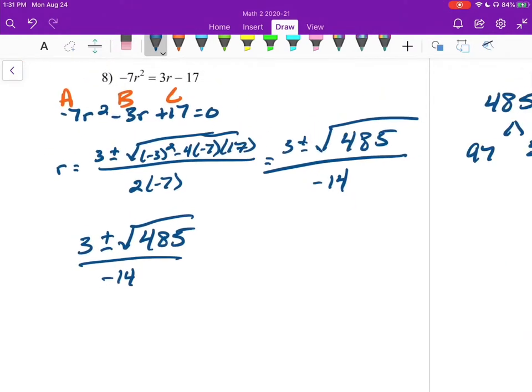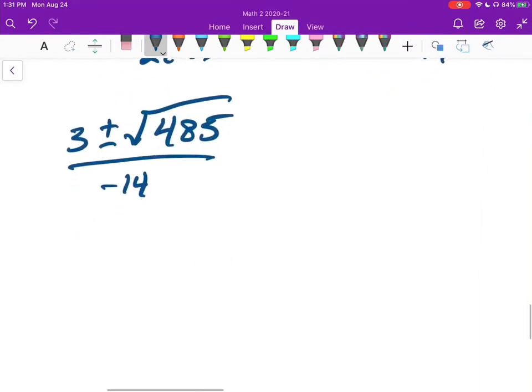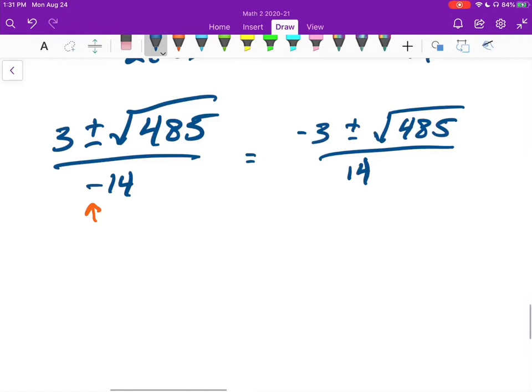Now, on CUDA-Works, sometimes they change some of the answers, and they don't like having a negative in the denominator there. Sometimes what they do is they end up removing that negative and putting it up top. So they end up making this negative 3 plus or minus root 485 over positive 14.